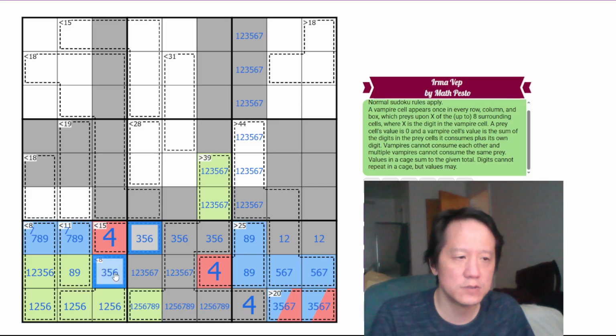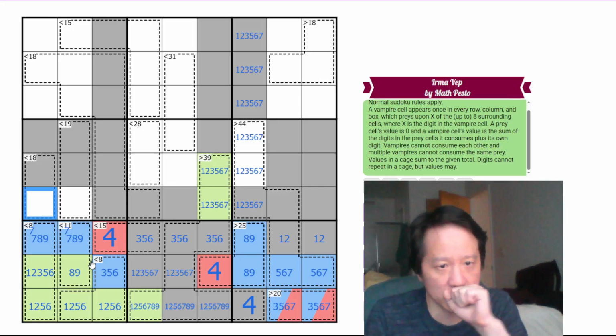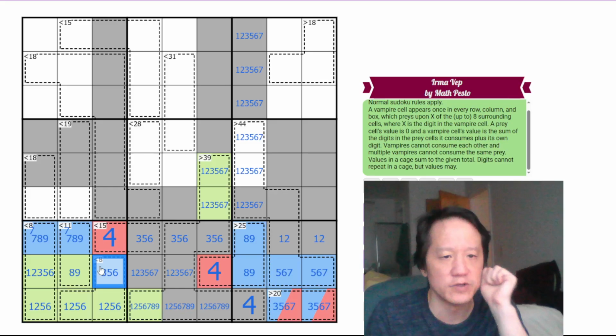This 4 pulls... Can this be the vampire? Obviously, this one doesn't pull from either of these.